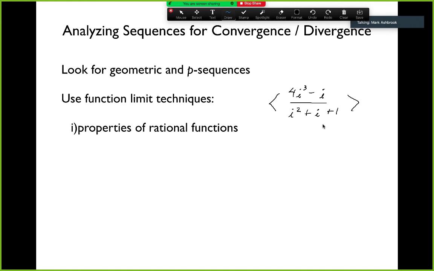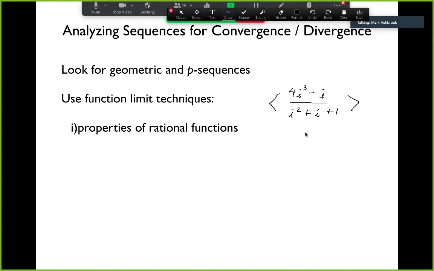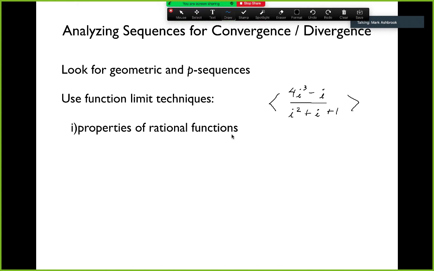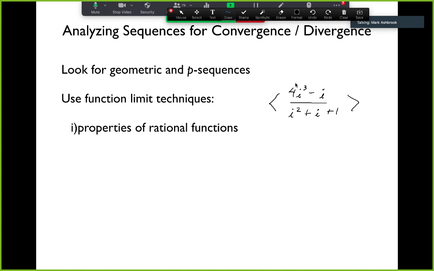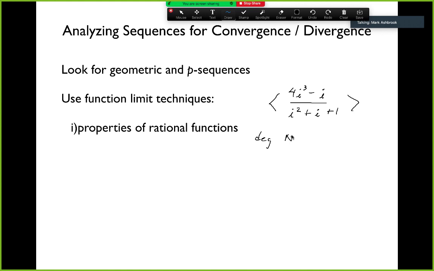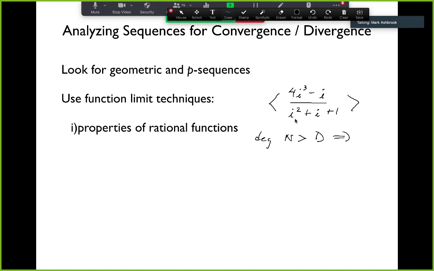This is a sequence, and we said you can apply the same horizontal asymptote or end behavior rules that we learned in pre-calculus, where we compare the degree of the numerator and the denominator. Here, the degree of the numerator is greater than the degree of the denominator. So what will happen to that fraction as i gets big?